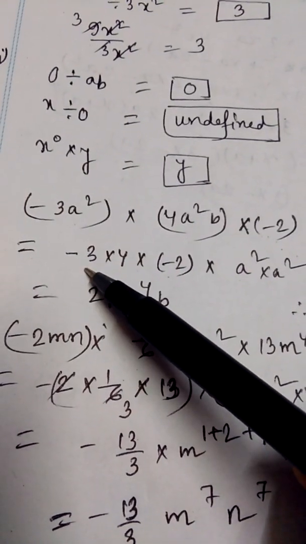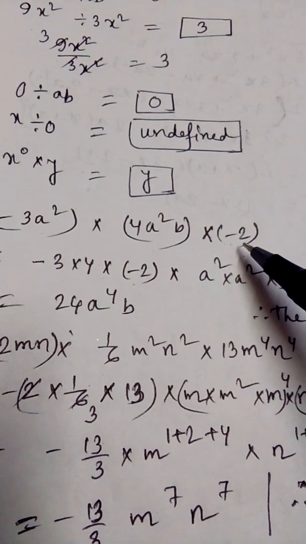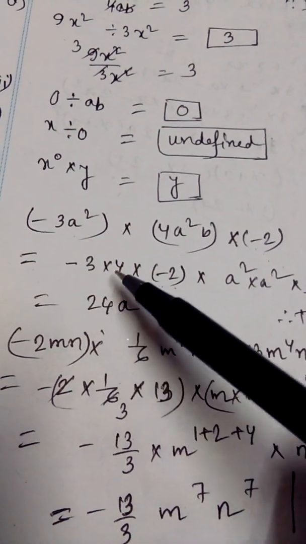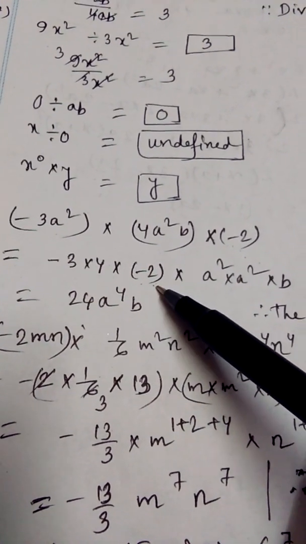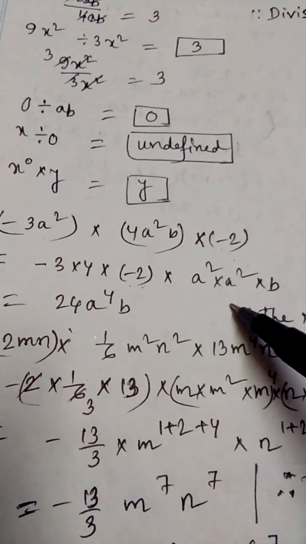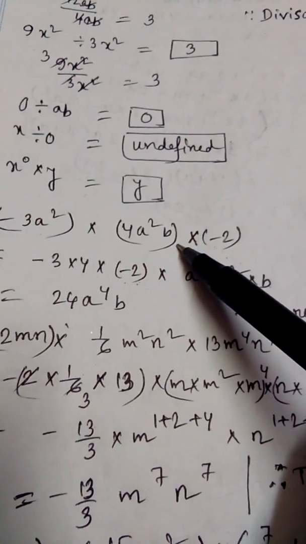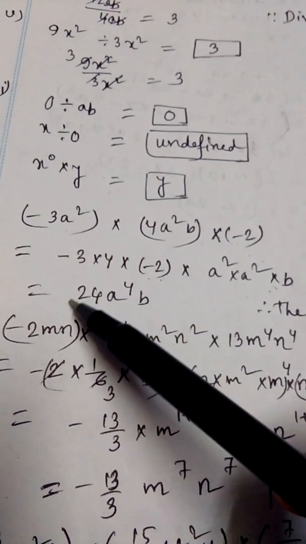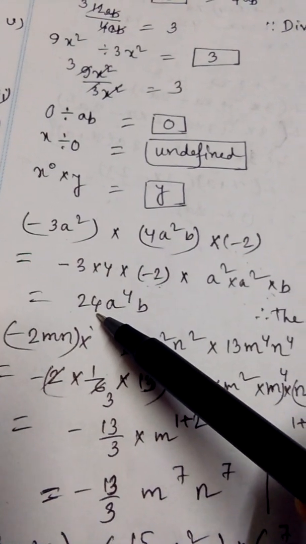That is minus 3. In this case, the numerical coefficient is 4. In this case, the coefficient is minus 2. We will multiply these coefficients first, then a square into a square, and last into b. That is, minus into minus is plus. 3 into 4 into 2 equals 24.